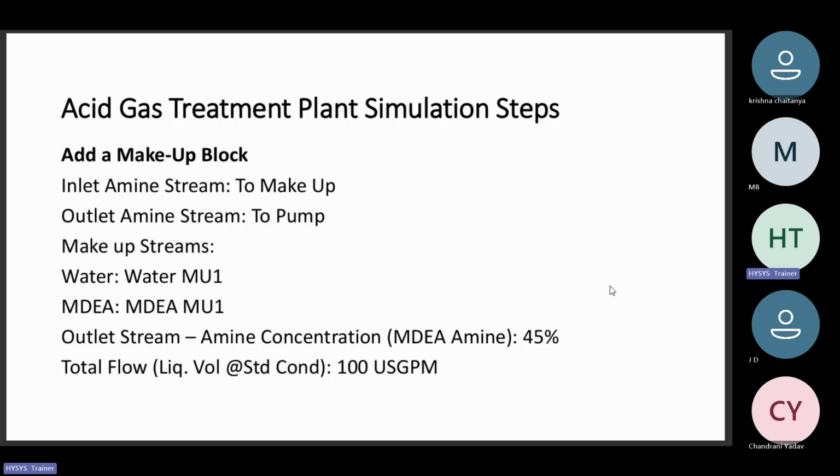If you don't configure it properly, it will not converge your system, and you will close your HYSYS. So you should concentrate more while adding this makeup block. I will tell you how to add this makeup block correctly.